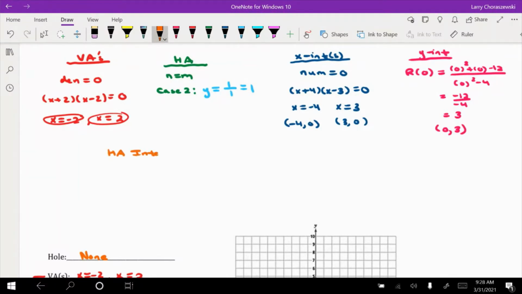HA intersection. I'll put a question mark. Now, a graph will never cross a vertical asymptote, but as we're going to see with this example, it is possible for a graph to cross a horizontal asymptote. It won't always be the case.